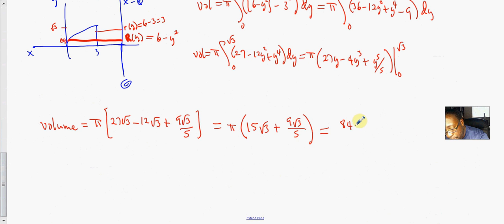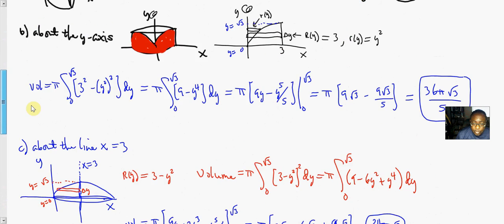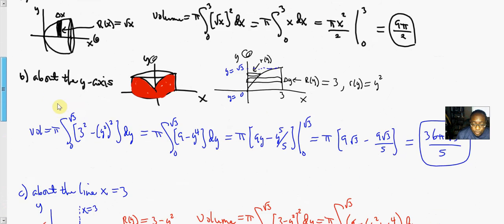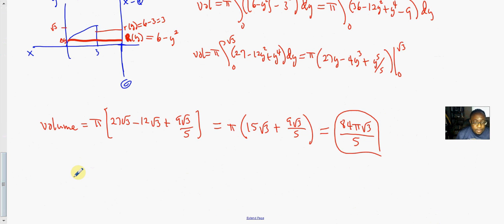So 84 pi times the square root of 3 all over 5. Okay, good. So that was number 11, and it had a lot of parts there. So hopefully when you look at that in WebAssign, you can make something happen.